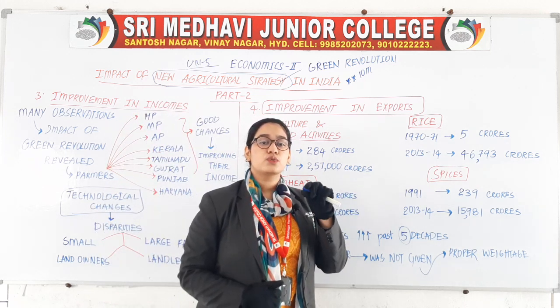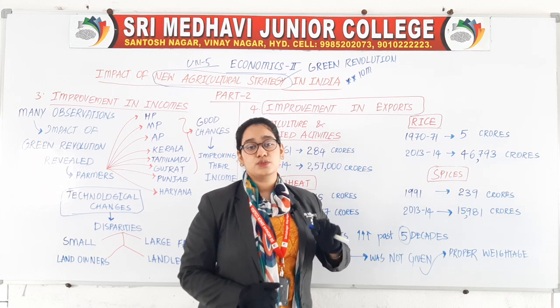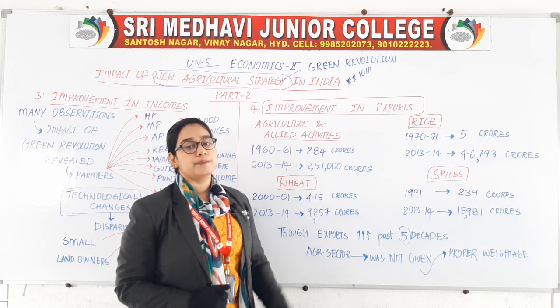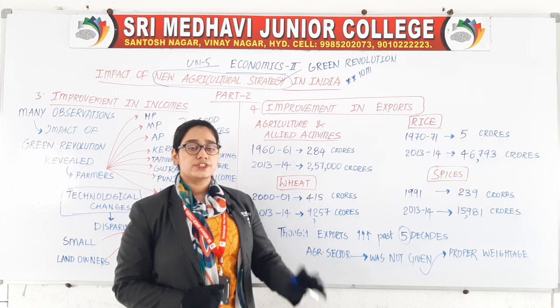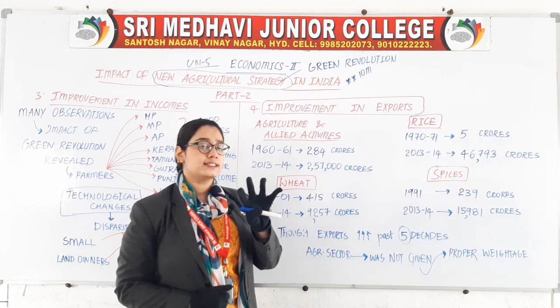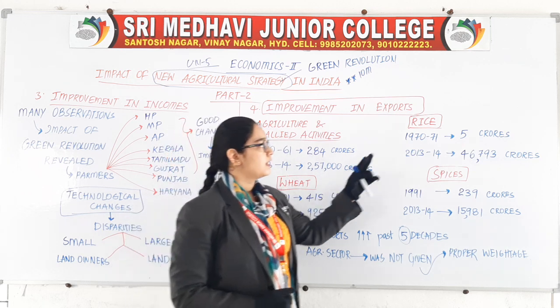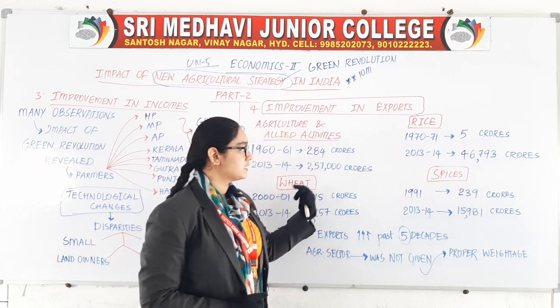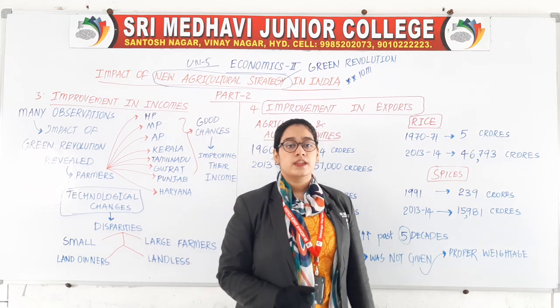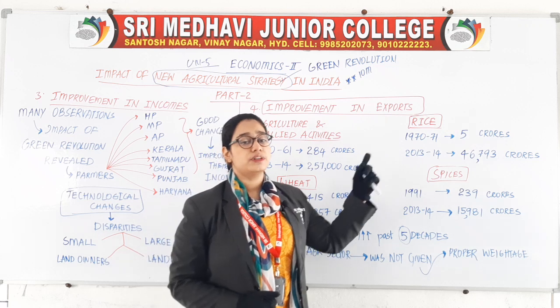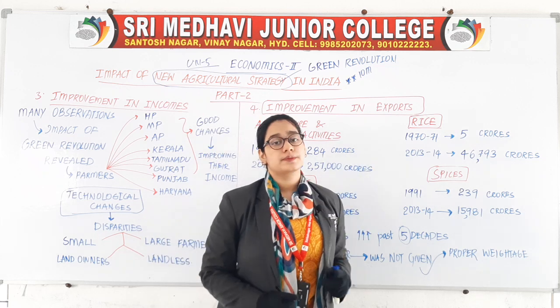This point is quite difficult to learn by heart because it has only dates and percentages. Just remember there are 4 important concepts here: agriculture and allied activities, rice, wheat and spices. We are calculating how much they have contributed in exports.